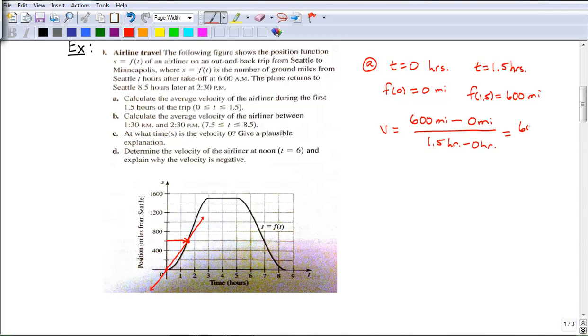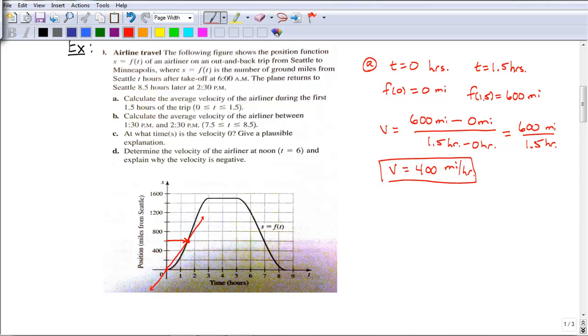So I get 600 miles over 1.5 hours, and you divide those numbers to figure out exactly how far you traveled. 600 divided by 1.5, it's 400. So the average velocity is 400 miles per hour. And that's for the first hour and a half of the trip.